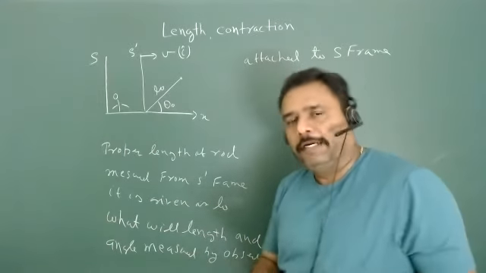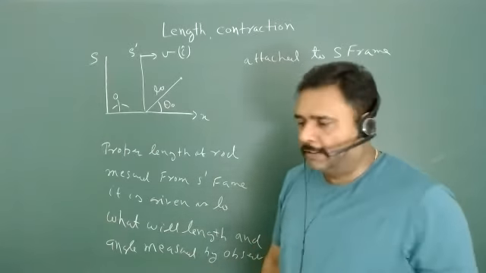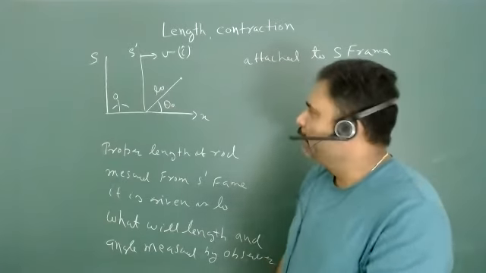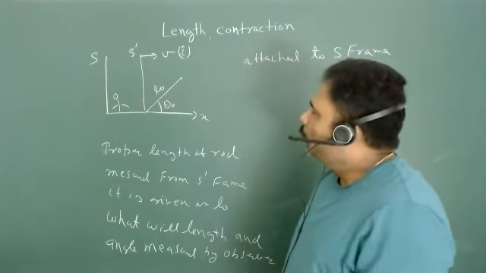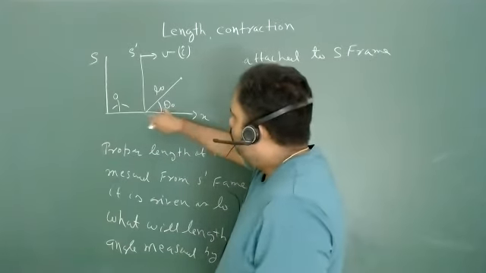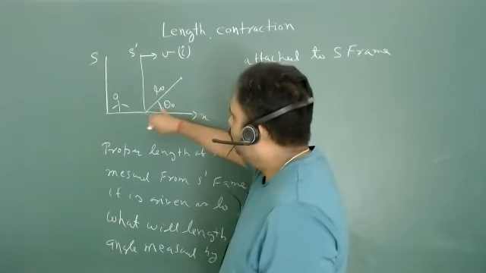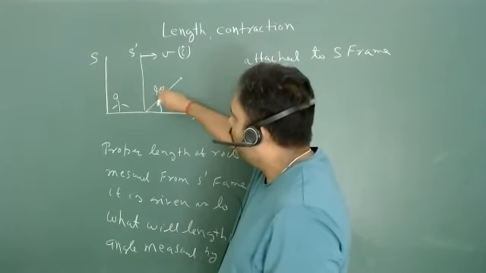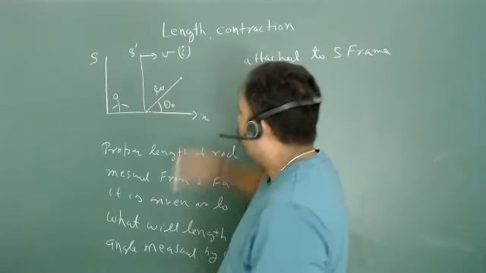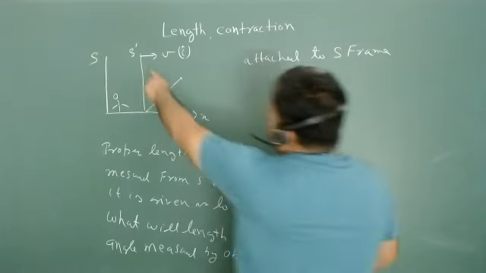We can solve it by two different methods. First we will go for a very fundamental method. What will be the length along x-axis with respect to S dash?